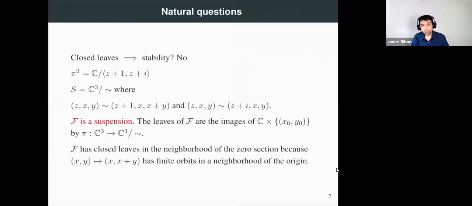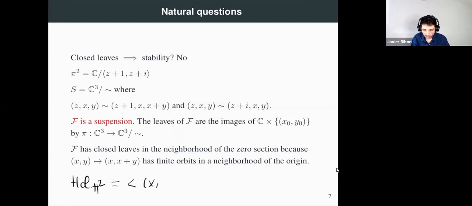Okay, so what happens is that, since this is a suspension, the properties of the foliation can indeed be translated into the properties of the holonomy group. And the holonomy group, in this case, for the leaf which is the zero section, is generated by two biholomorphisms.